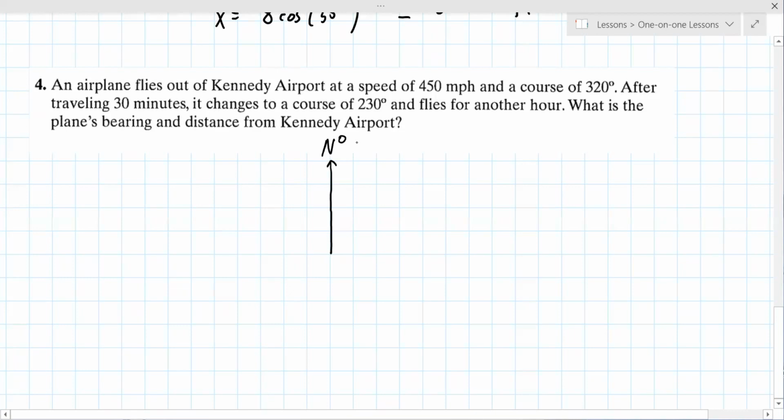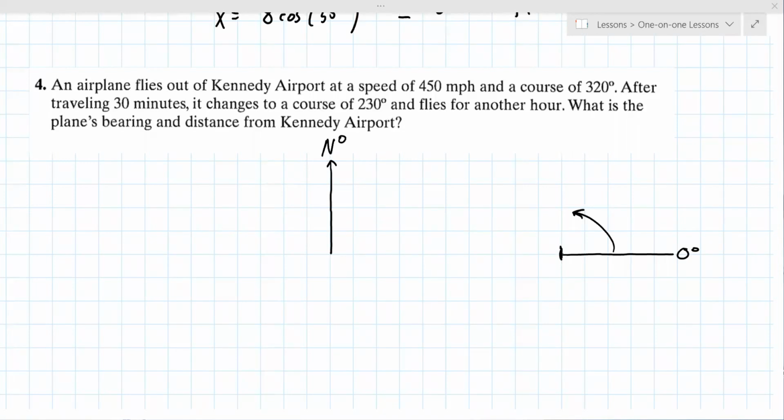I don't know what your instructor uses. Sometimes they use the unit circle where this is 0 degrees and you go that way. Do you have any idea what your instructor uses for this? I would think that she uses the second one. We haven't done a problem like this in class.